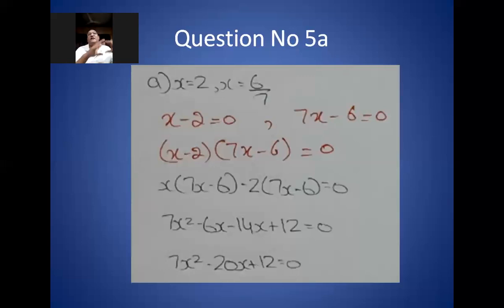In this question, whatever we have learned, we were solving the equation. So basically an equation was given to us, and by applying the quadratic formula, by factorization, or by completing the square method, or by graphical method, we were trying to find out the values of x. So this is called how you solve it. The values of x which you get, for example, the value of x is 2 or the value of x is 6/7, they are the solution of that equation.